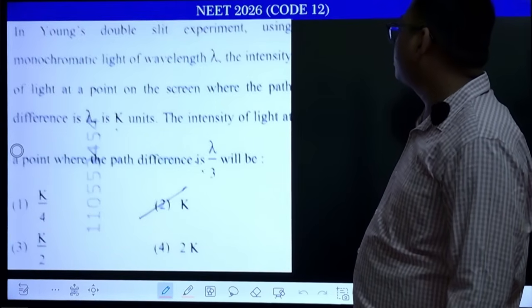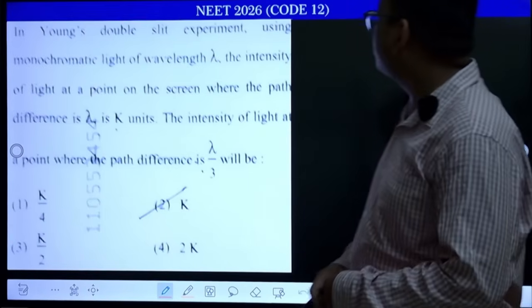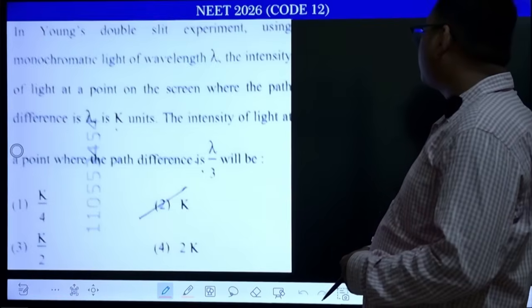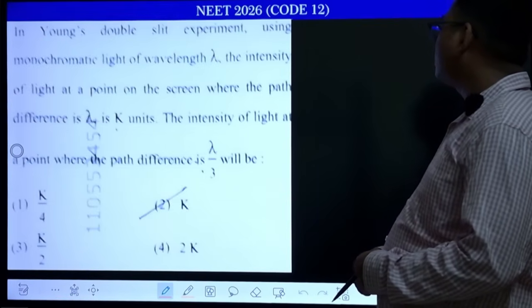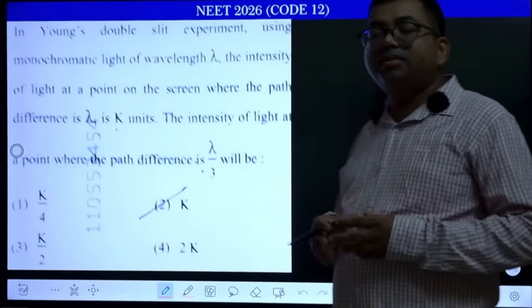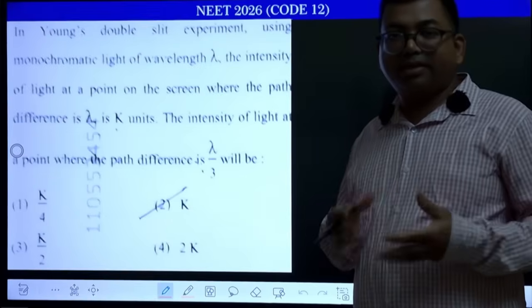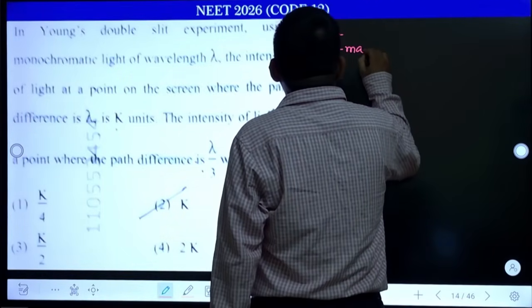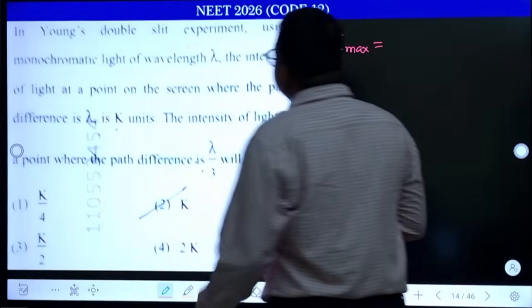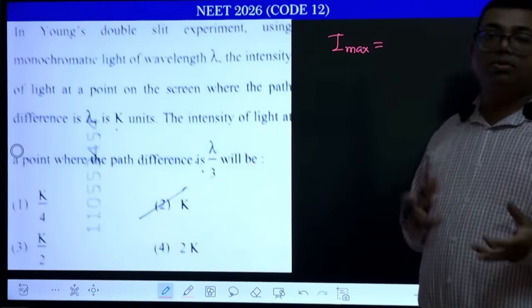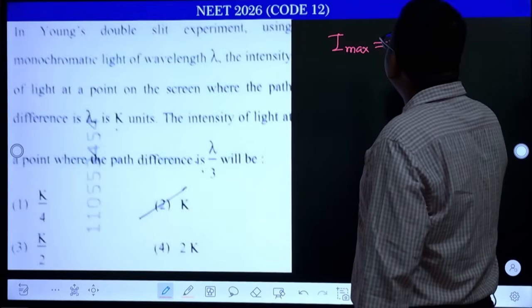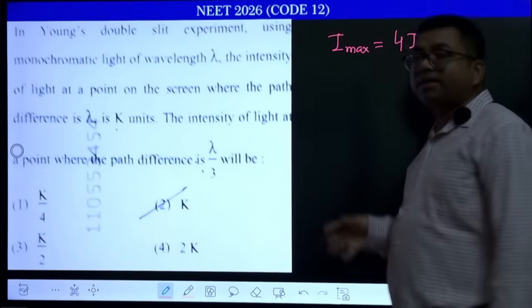Where the path difference is lambda, maxima is happening, so what they have given is the maximum intensity. By symmetry, both the slits are the same, so the maximum intensity is 4 I naught.